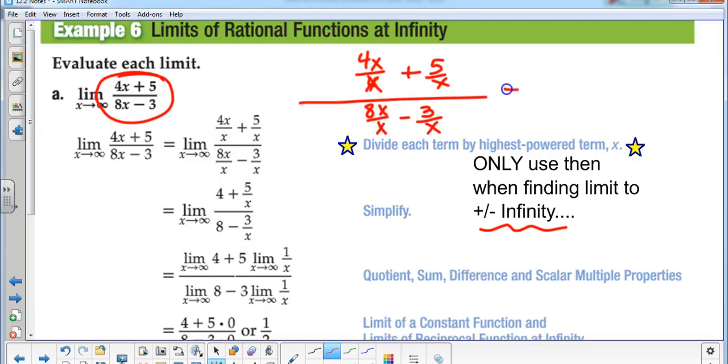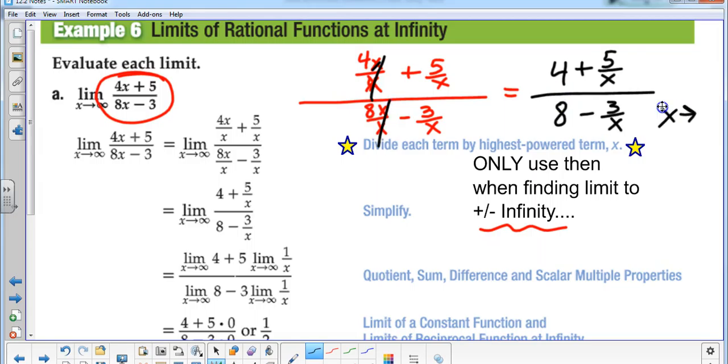How does that simplify? This becomes 4, plus 5 over x. Down here, this becomes 8 minus 3 over x.